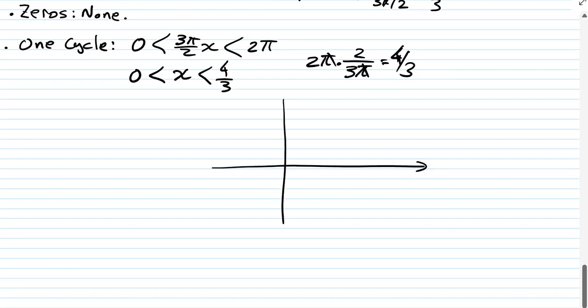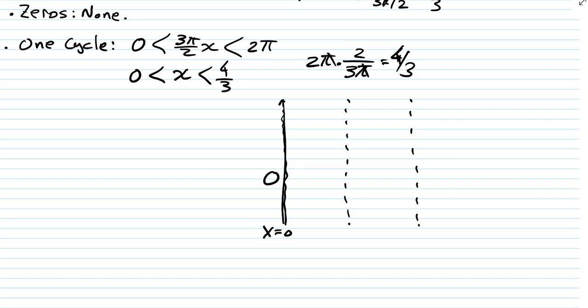A complete graph happens between 0 and 4/3. So this is x equals 0. And then remember, we're going to have 2 parts. Here's one part. Here's another part. Correct? The first one is 0, and this one is the ending.